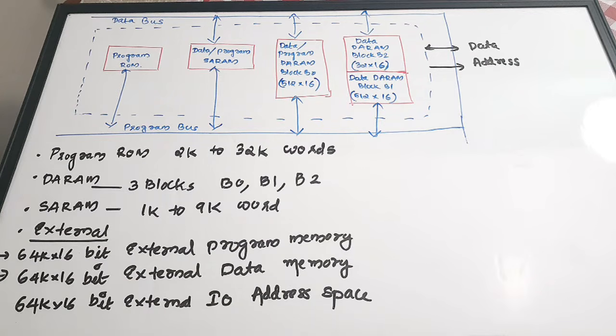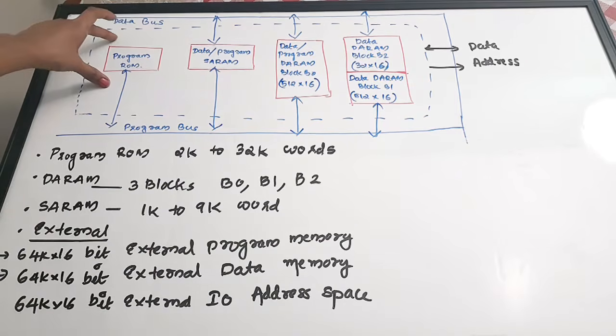The content of the PROM can also be protected so that any external device cannot have access to the program code. The main thing is that this memory is a permanent memory.